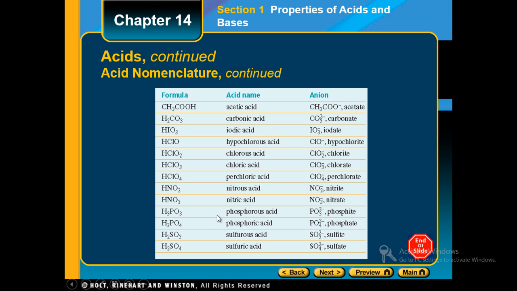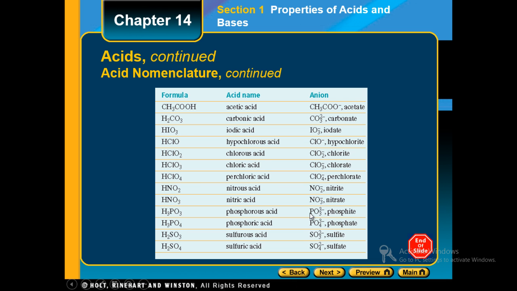And also phosphorus acid and phosphoric acid. The difference is also related to the number of oxygen atoms. Here are 3 oxygen atoms, and here are 4 oxygen atoms. Here it's a phosphite and phosphate.